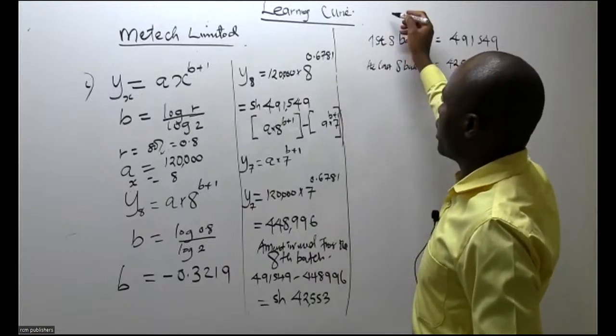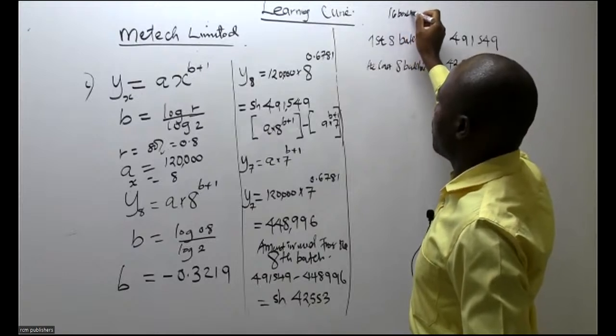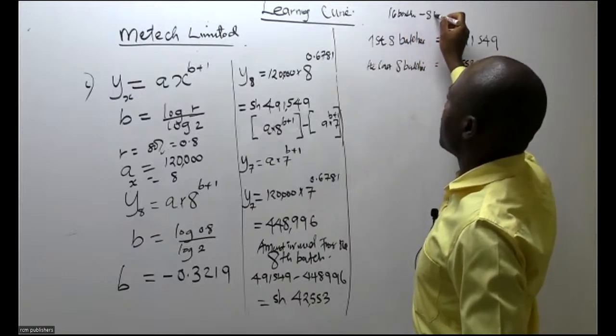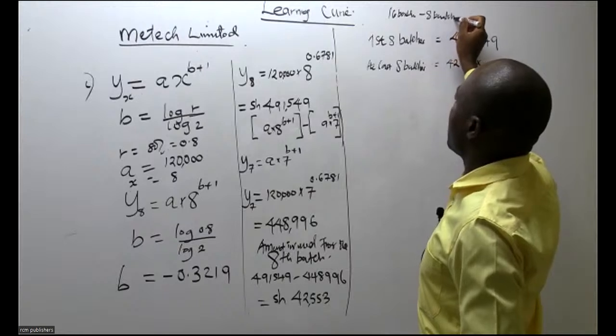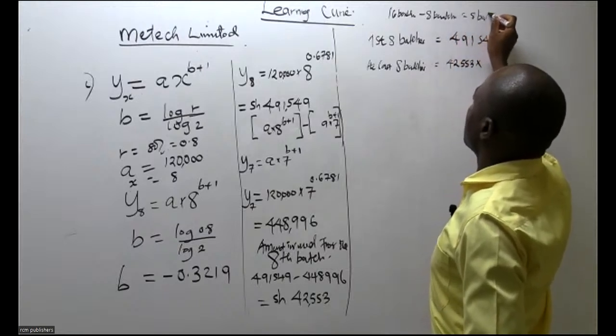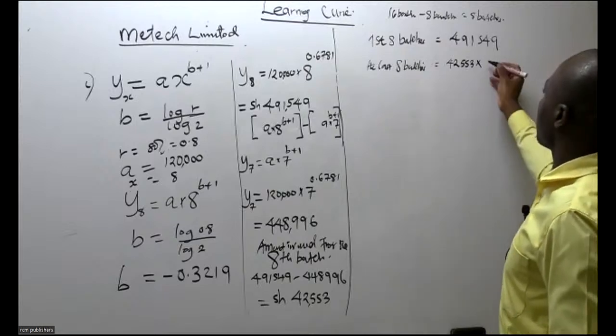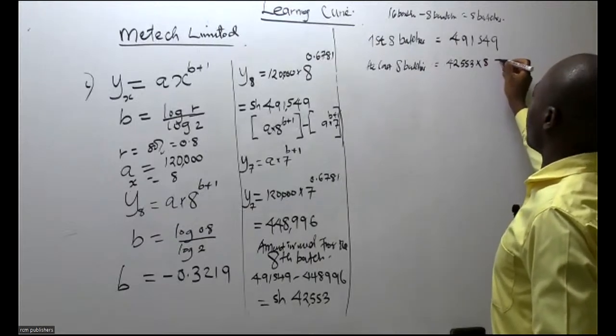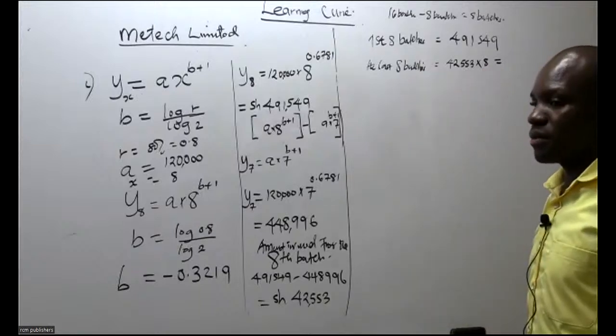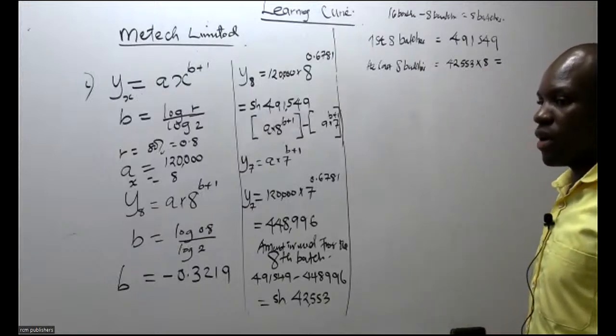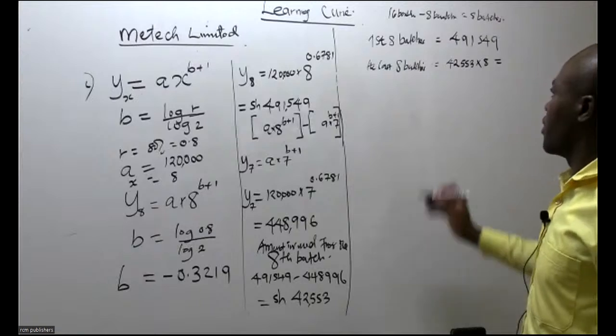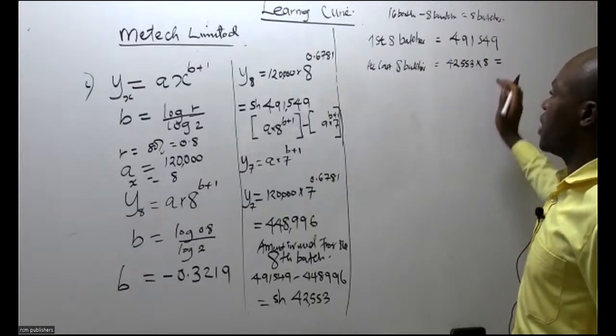The life of the project has got 16 batches. We've produced 8 batches, so we have a balance of 8 batches. So let's go ahead and get the total cost you are going to incur to produce the last 8 batches. How much will you incur? 42 times this.